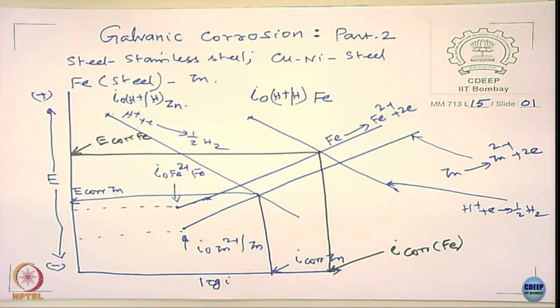Right. How do I proceed further? How do I know, when you galvanically short them, what will be the resultant corrosion rate of iron and zinc? How do you proceed? I have to add both the oxidation curves, and I have to add the reduction curves corresponding to both the metal surfaces.